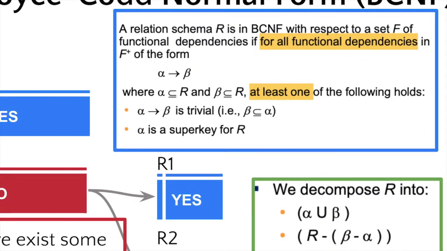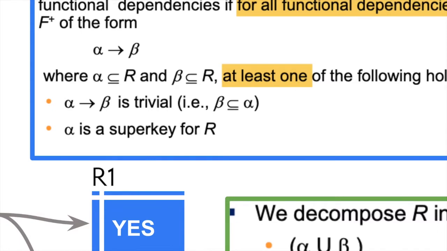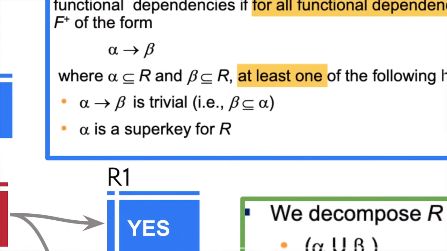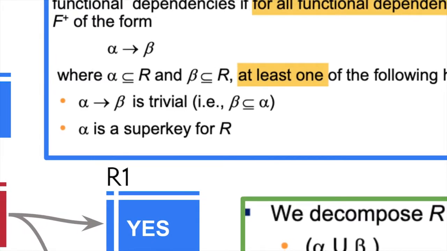Okay? So, to say that this is true, we need to show that for all functional dependencies na parang alpha to beta, dapat either or at least one of the following holds. Either alpha to beta is trivial, or equivalently beta is a subset of or equal to alpha, or alpha is a super key for R. Okay?